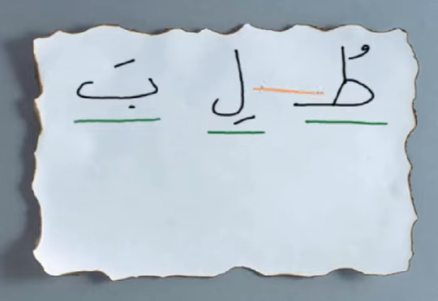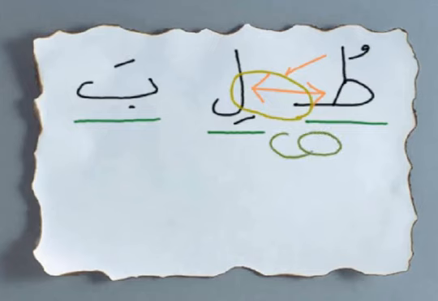Tu, li, ba. Now, we've got all user-friendly letters here, brothers and sisters. Harful ta gets together with harful lam with no issues, no problems, and no hang-ups. Therefore, harful ta and harful lam will hook up together, and harful lam and harful ba also get along well.